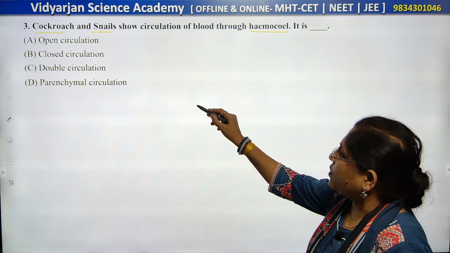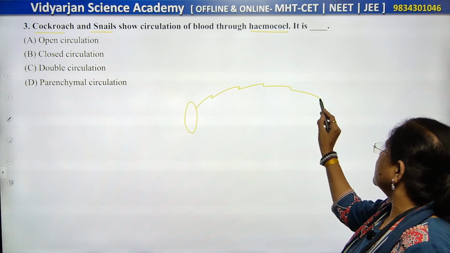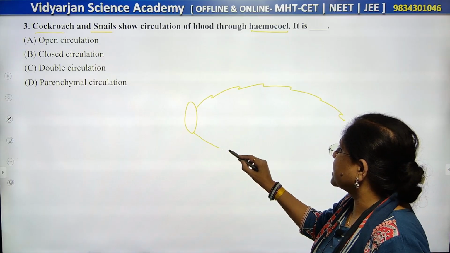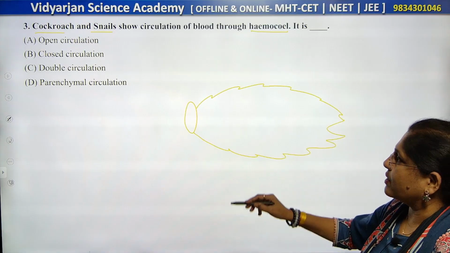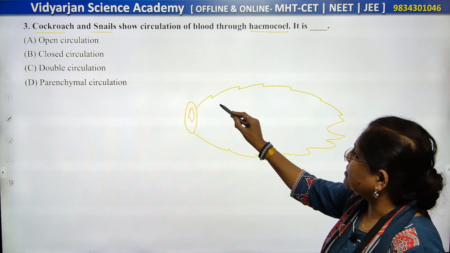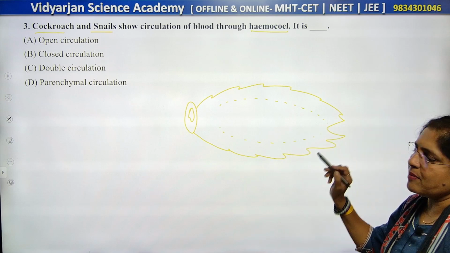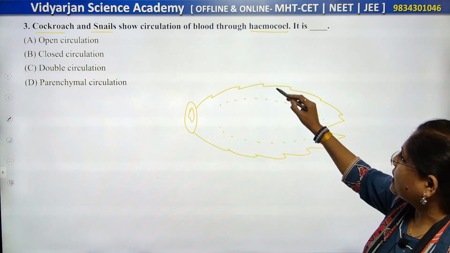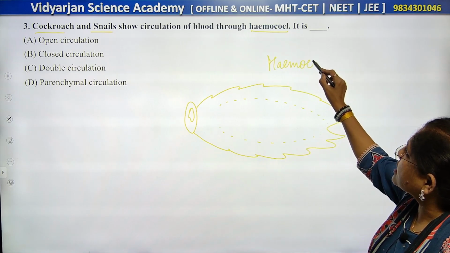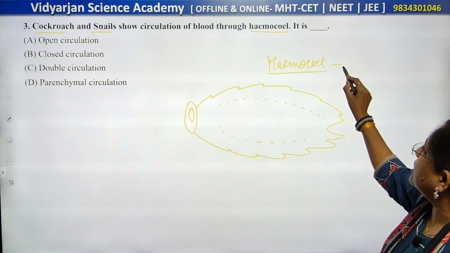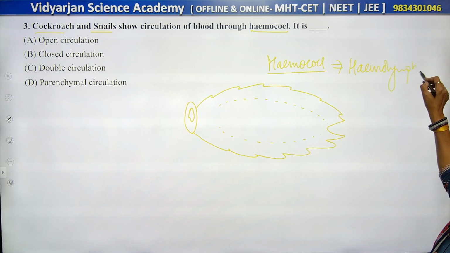In the case of the cockroach, I'm giving you a rough sketch of the cockroach body so that you can observe the structure very carefully. Here you will have the head sinus, got it? Then this diaphragm gives you the division, and this will be the hemocoel, which is filled with hemolymph.